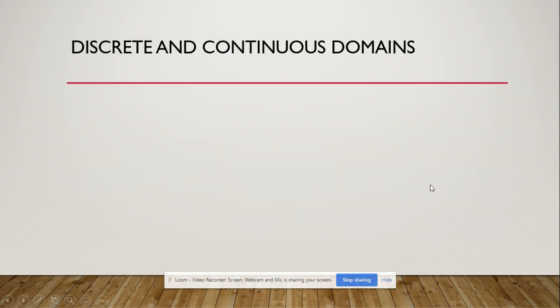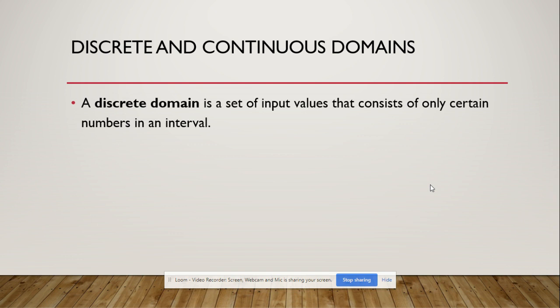All right, discrete and continuous. A discrete domain is a set of input values that consist of only certain numbers in the interval. What we mean by that is not all numbers are going to work. If I'm talking about going out and buying basketballs, I would never buy 3/4 of a basketball. That doesn't make sense, and they're not going to sell it to me that way.